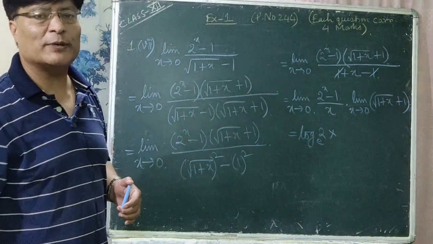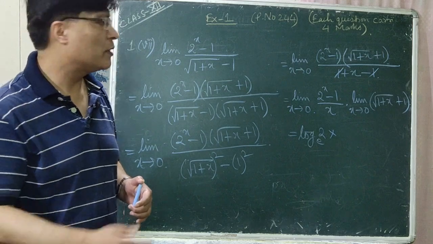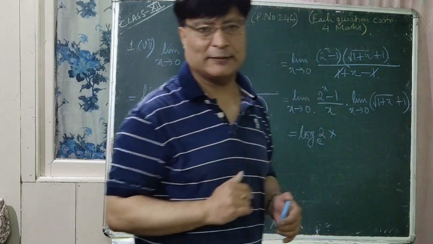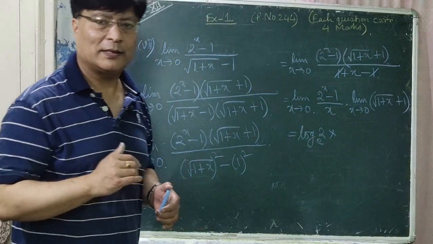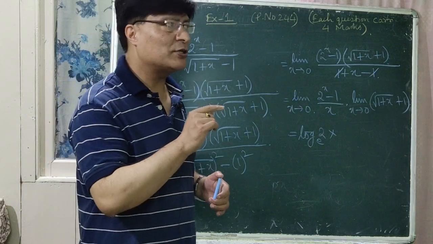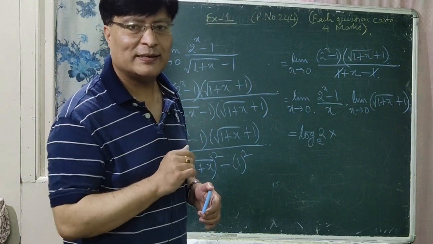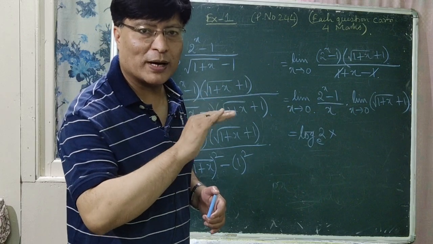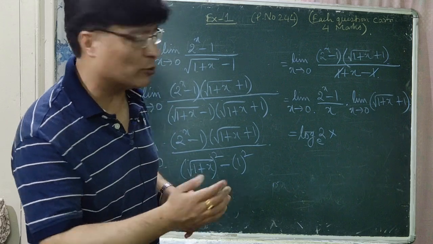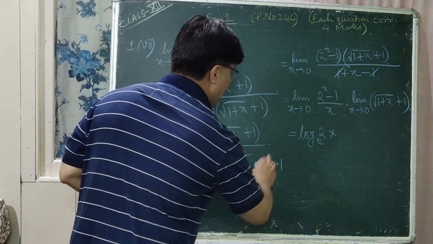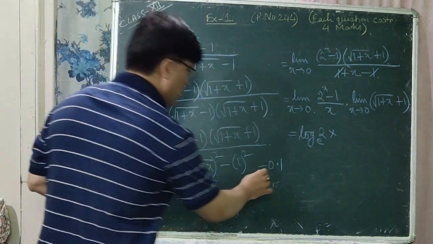So less than 0 means, what do you mean by less than 0? Less than 0 means that is from the negative side, right? You can write minus 0.1, it is approaching towards 0.